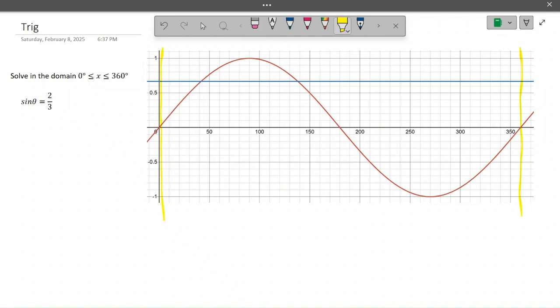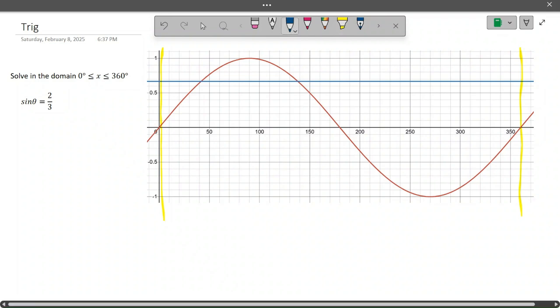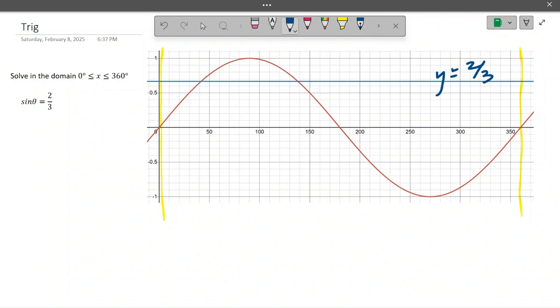The other thing to notice is that we're looking at the places where the sine of theta equals 2/3. So I've put a blue line on this graph, and that is the line of y equals 2/3. Okay, so what that means is we are going to be finding solutions where this line intersects with our sine wave.